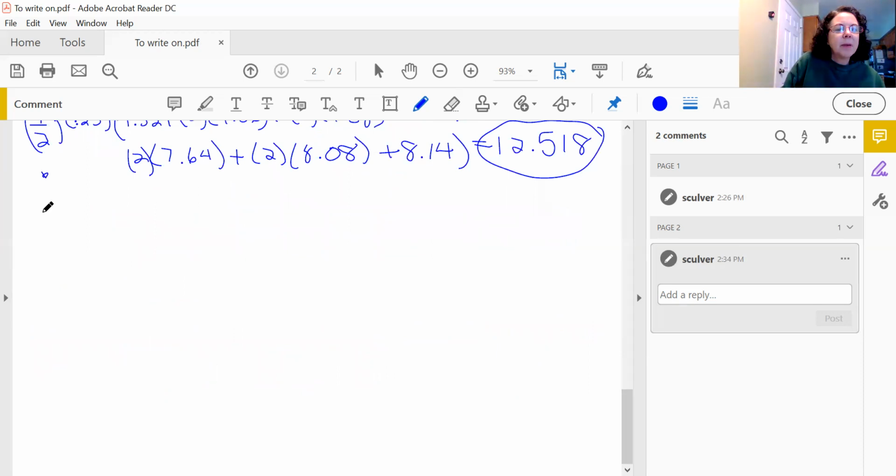All right. Number 53. Let's take a look. In exercises 52 and 53, use the trapezoidal rule to estimate the number of square meters of land in a lot where X and Y are measured in meters, shown in the figure. Okay, so I see a figure where there's a road and a stream and another road.